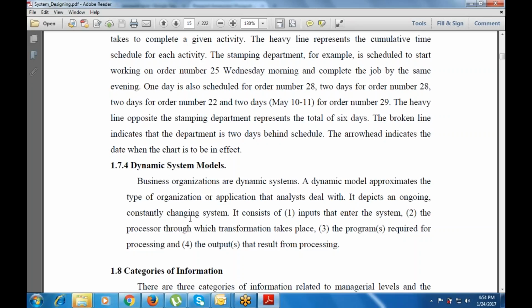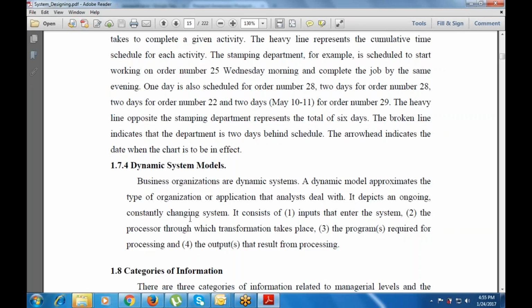It consists of the input, whatever data enter the system, the processor through which the transformation takes place, the program that is required to process, and the output that results from the processor.